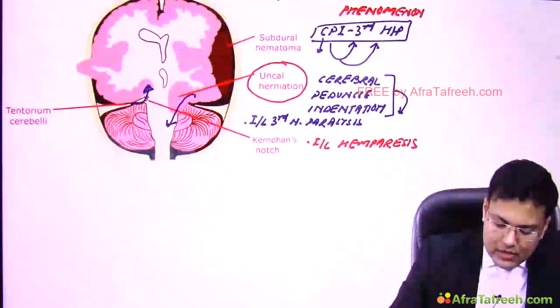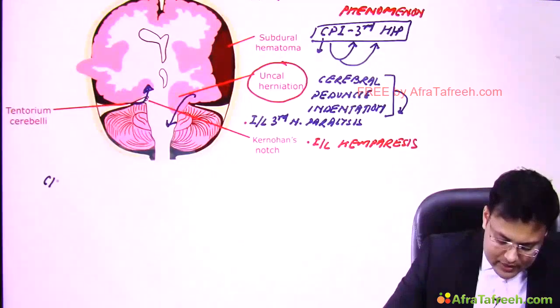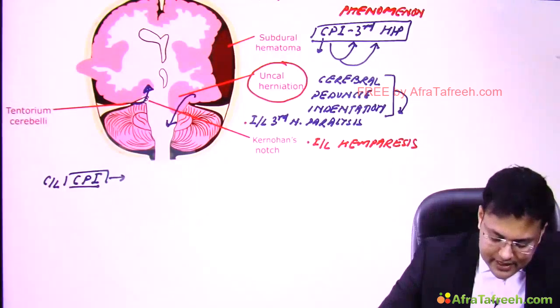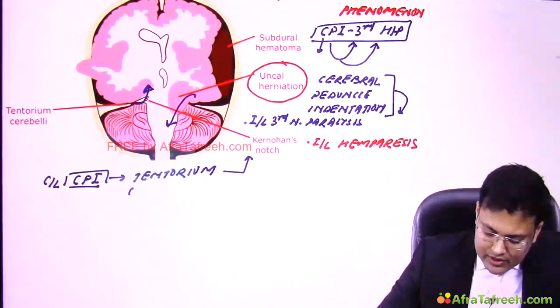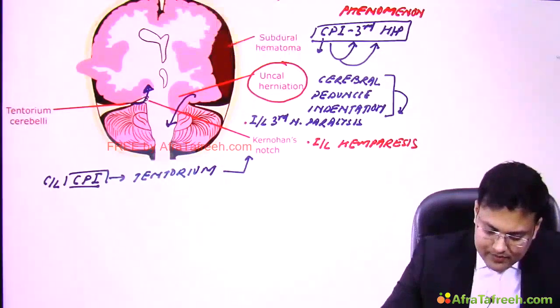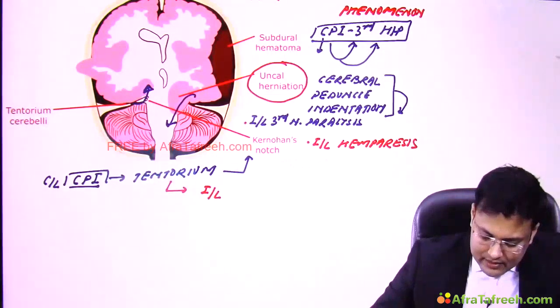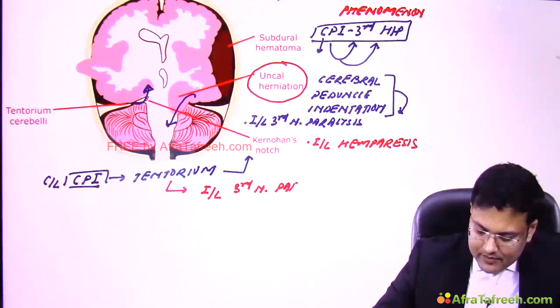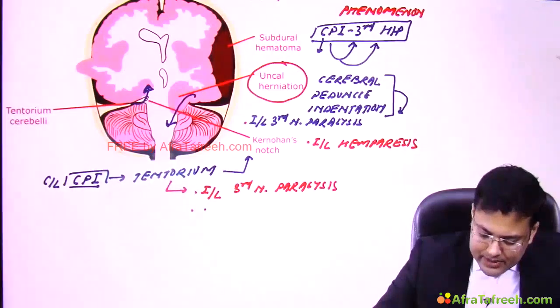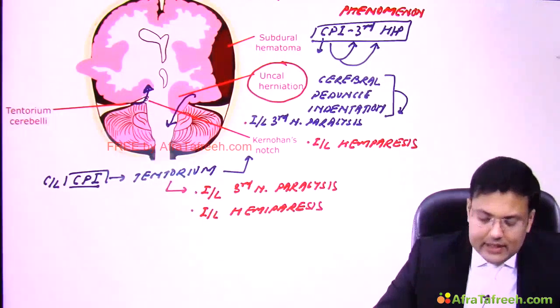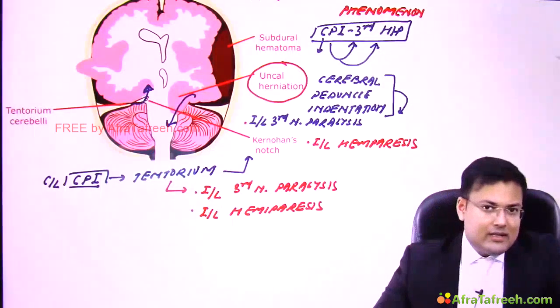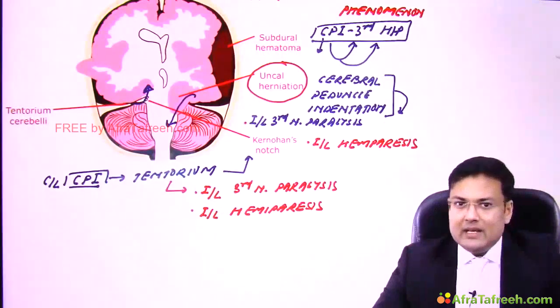So this is known as Kernohan's notch phenomenon. The easiest way to remember is CPI, third hind precedent.